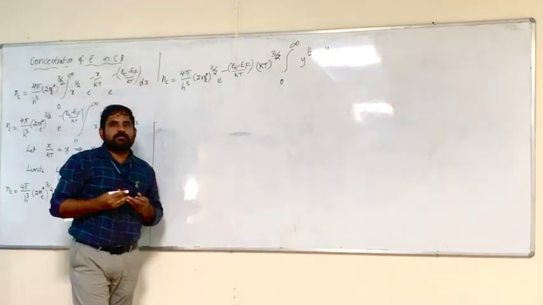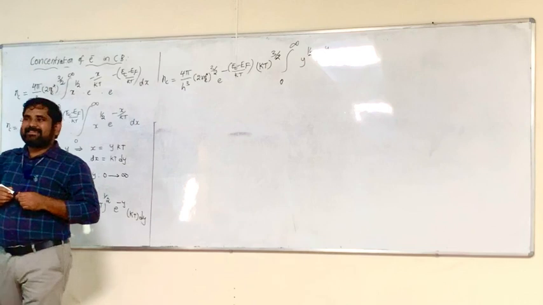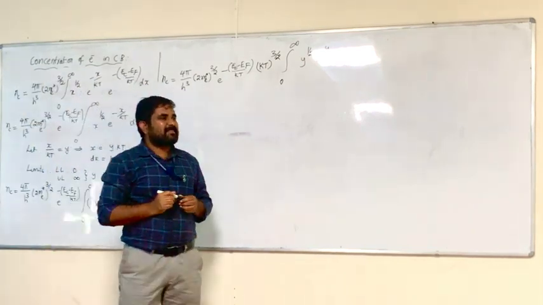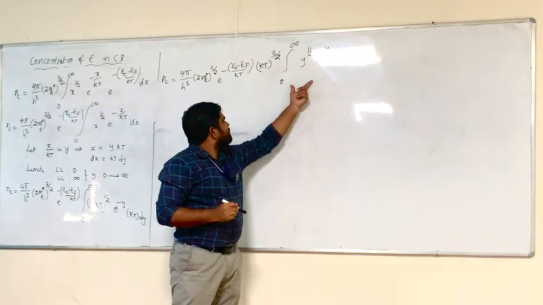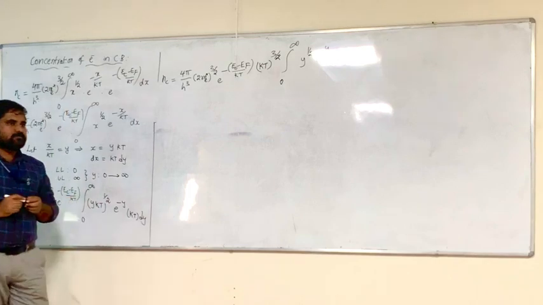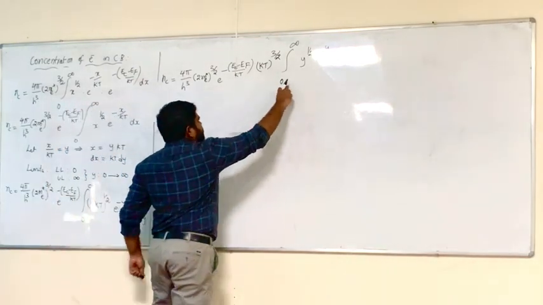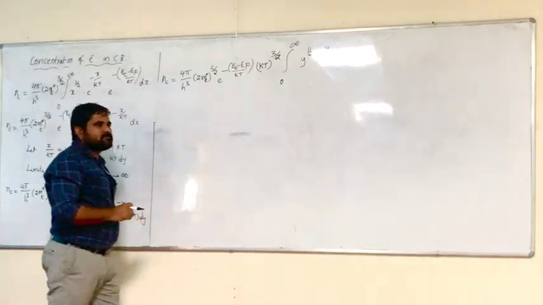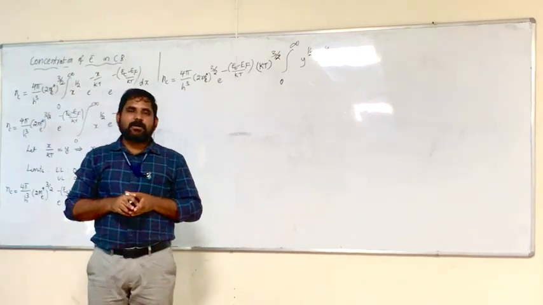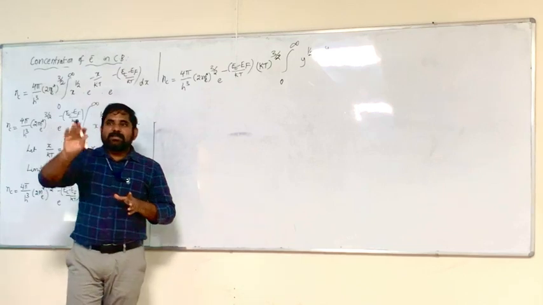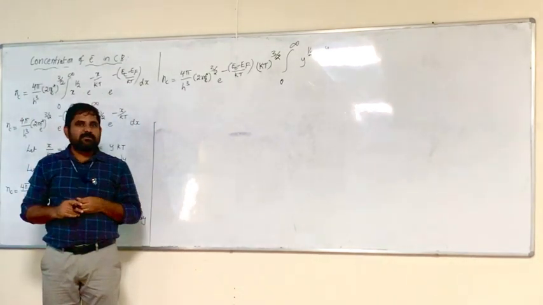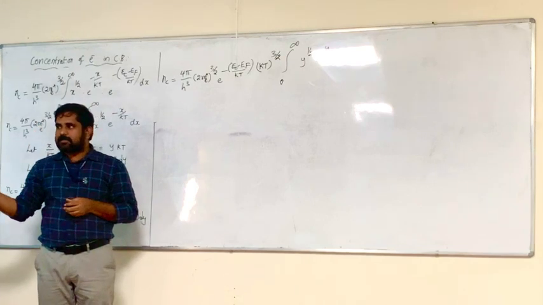Who knows integrals? Y to the power 3 by 2. Solve it. So what is the value of this? 1 power 3 by 2 by 2. Okay, fine. Tell me the answer. If you solve that, what answer will you get? Something like 2 pi by 3.